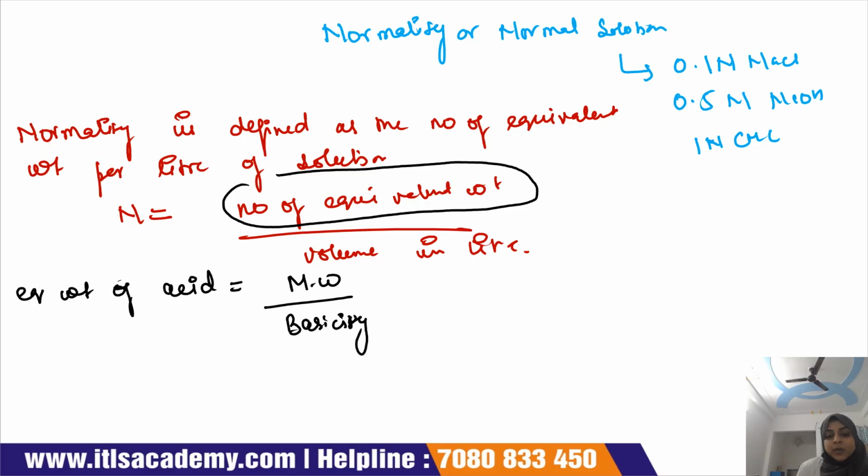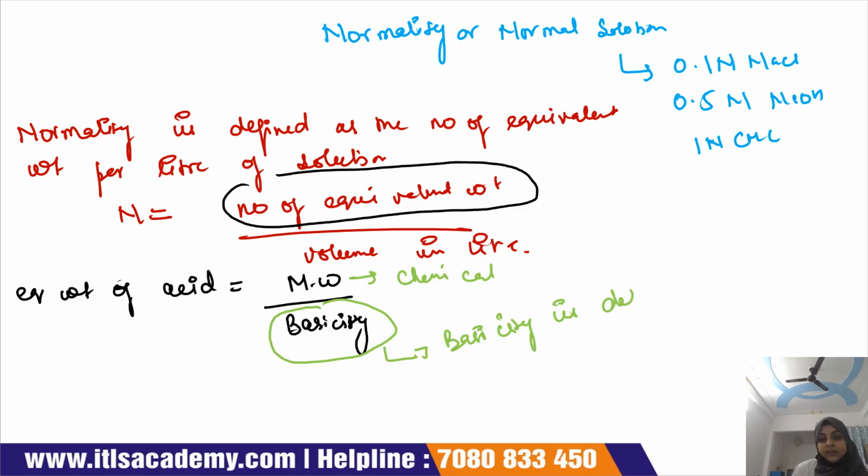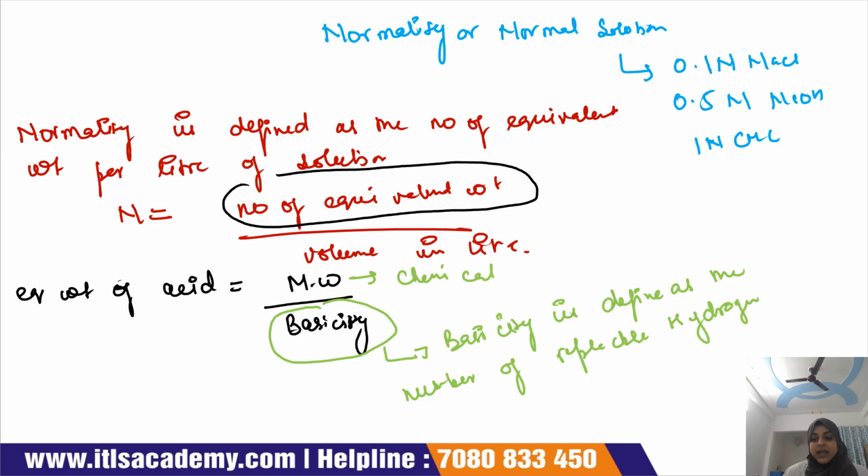Now we all know that the molecular weight is present on a chemical bottle. But how do we calculate the basicity? Simply, basicity is defined as the number of replaceable hydrogen atoms present in the acid.